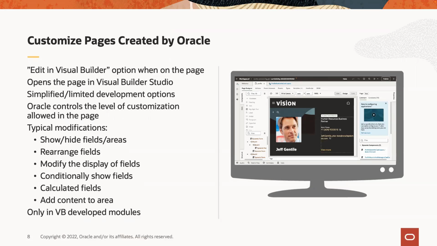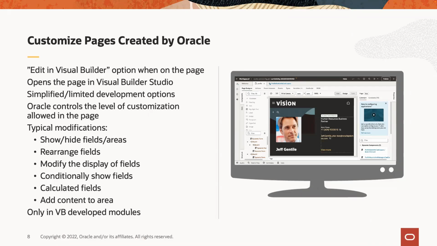The type of customizations that they usually enable are things like showing and hiding areas or specific fields on your page, rearranging the order of fields, modifying the way that fields are displayed, conditionally showing fields, for example based on the role of someone, adding calculated fields, and in some cases, they can even allow you to add your own content into a page that they developed.